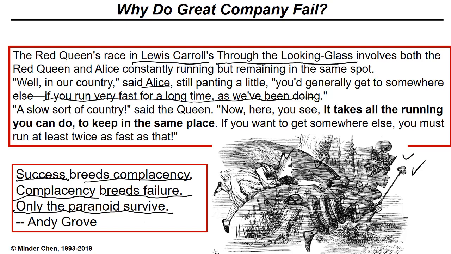Whether you really want to learn from Andy Grove to be paranoid, I'm not 100% sure, but if you're alert about the changing environment, then you will not become complacent, and you would be alert to possible change and make changes as needed, instead of feeling comfortable with your success in the past.